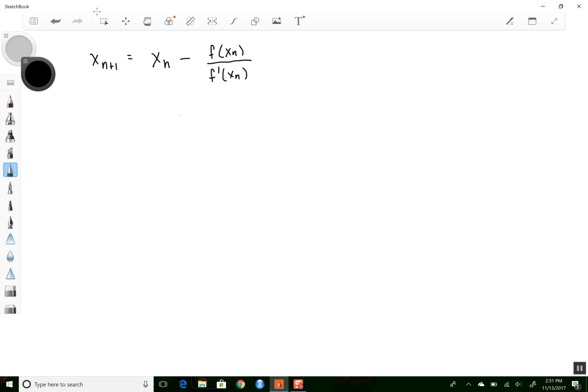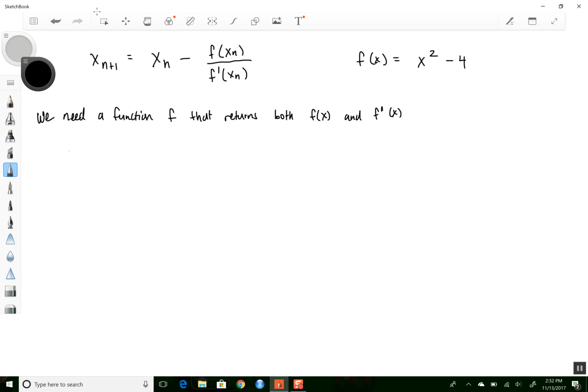We have to encode that into our function. So basically, we need to first create a function f. Let's say f of x is going to be x squared minus 4 or something like this. We need a function f that returns both f of x and f prime of x.